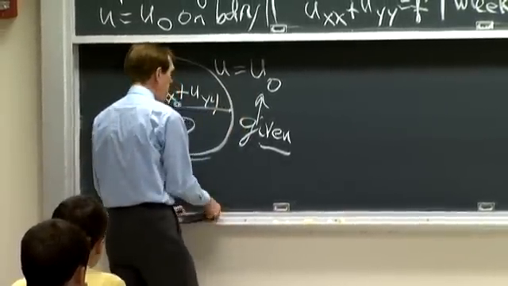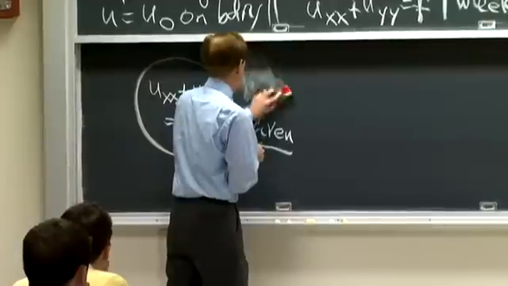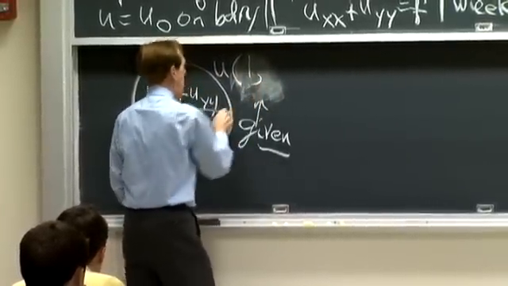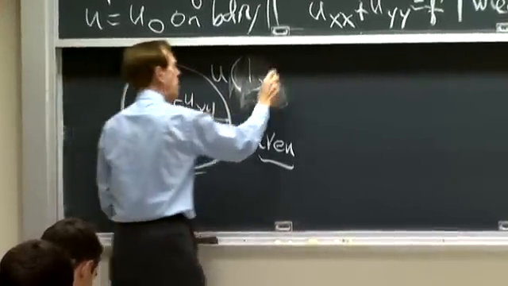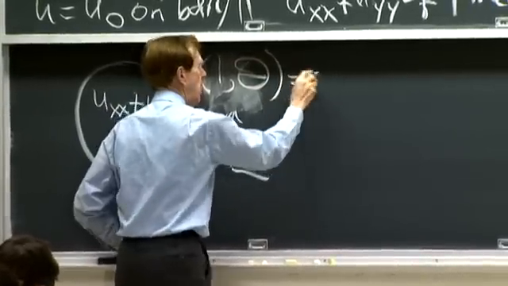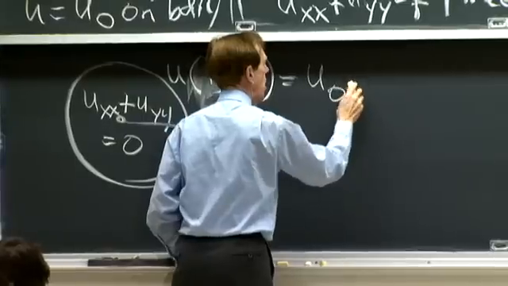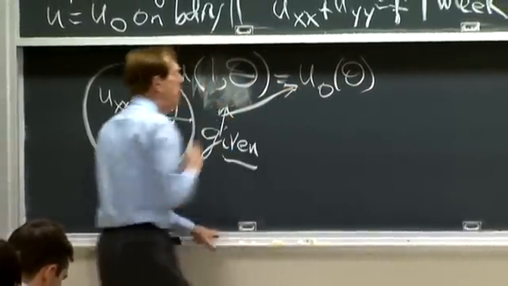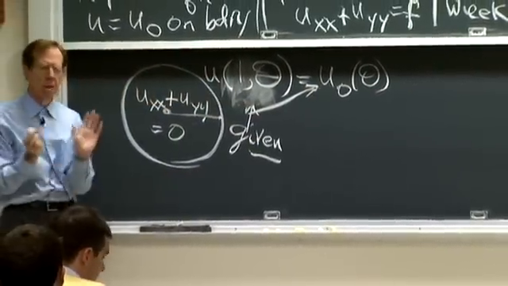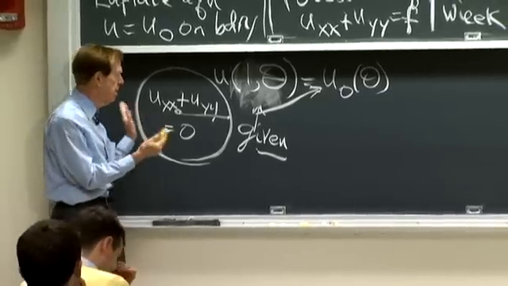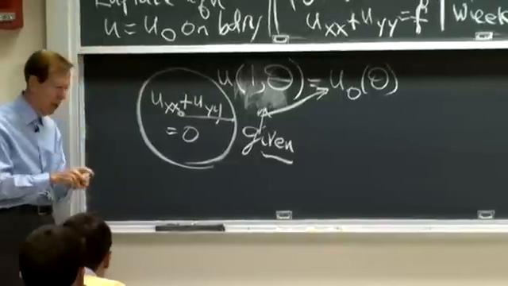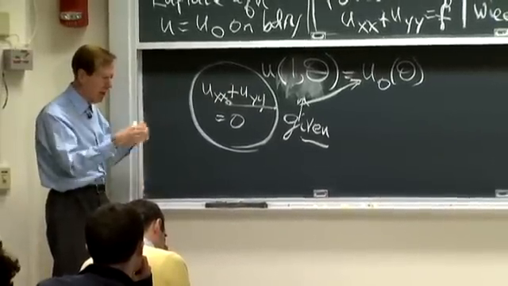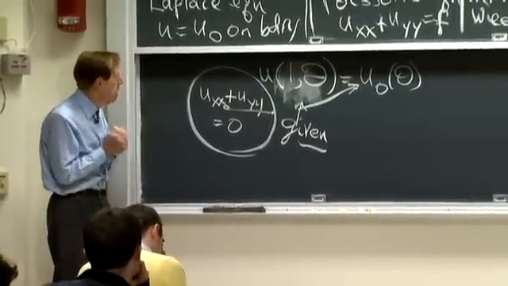So this is, maybe I should say, on the boundary, which is r equal 1, and going around the angle theta, u naught of theta is given. That's my given boundary condition. This problem is named after Dirichlet, because it's like giving fixed conditions and not Neumann conditions.